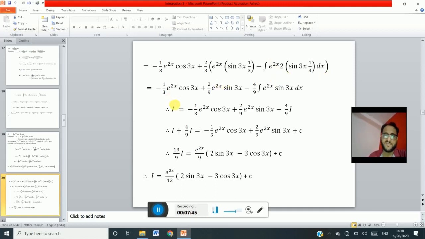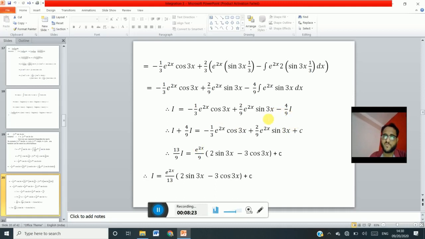So minus 1 by 3 e to the power 2x cos 3x plus 2 by 9 e to the power 2x sin 3x minus 2 by 3 into 2 by 3, that is 4 by 9, into integration of e to the power 2x into sin 3x, right. So I equals minus 1 by 3 e to the power 2x cos 3x plus 2 by 9 e to the power 2x sin 3x minus 4 by 9 of I, because again we got I, as in equation number 1. This is actually the given function again.